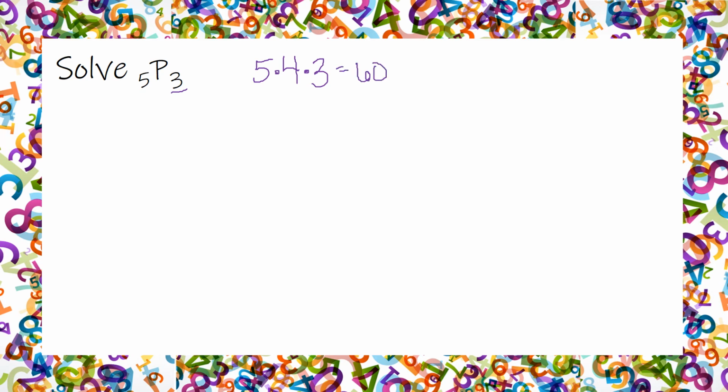So 5 permutations of 3 would be 60. We could do the same thing if we had 7 permutations of 5. We would count down 5 spots, 7 times 6 times 5 times 4 times 3, and we could multiply that out and get our answer.